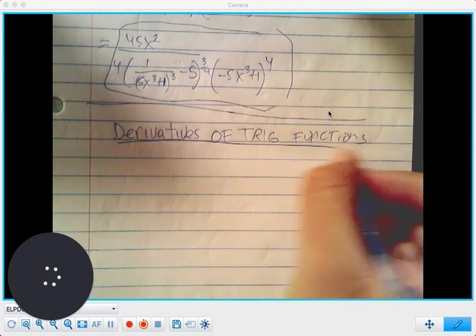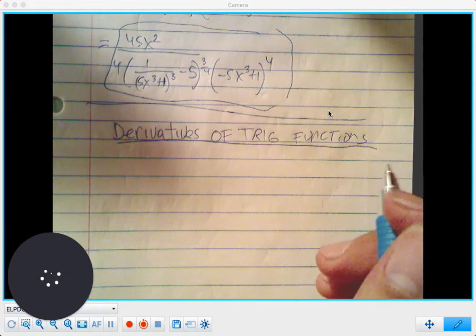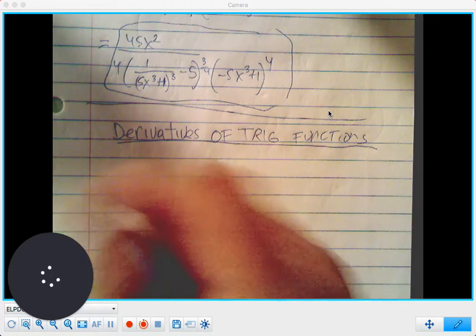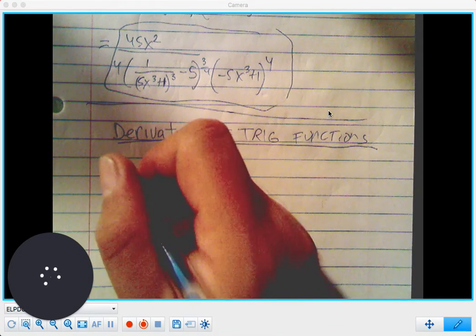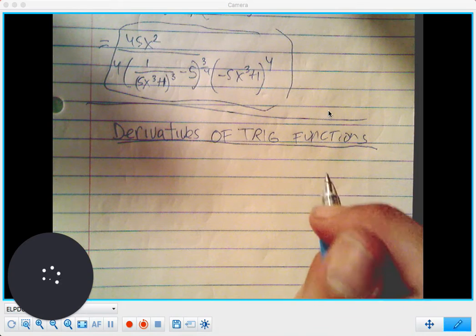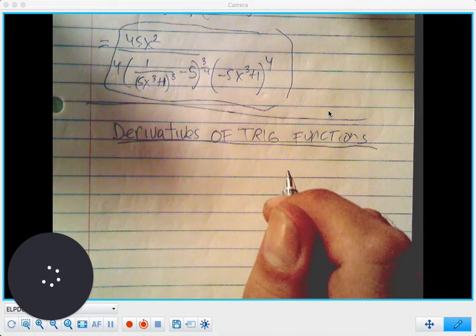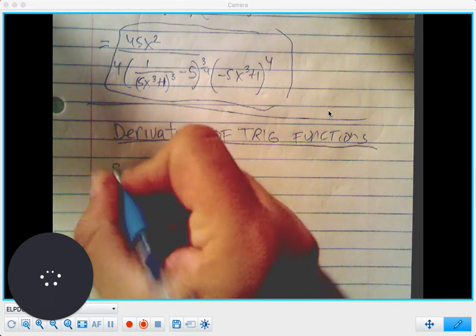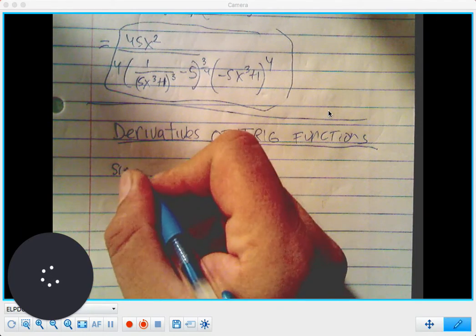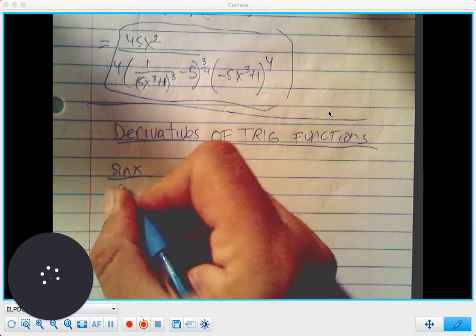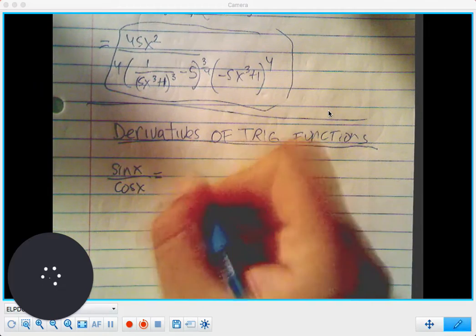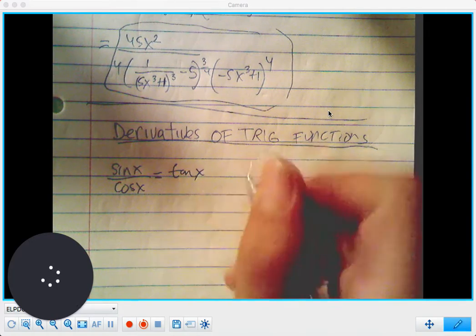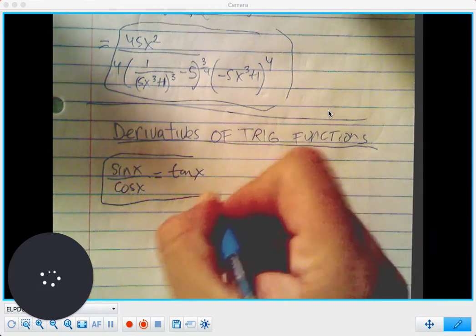Which are the properties. If you have sine x over cosine x, that is the same thing as tangent x. That's just a property.